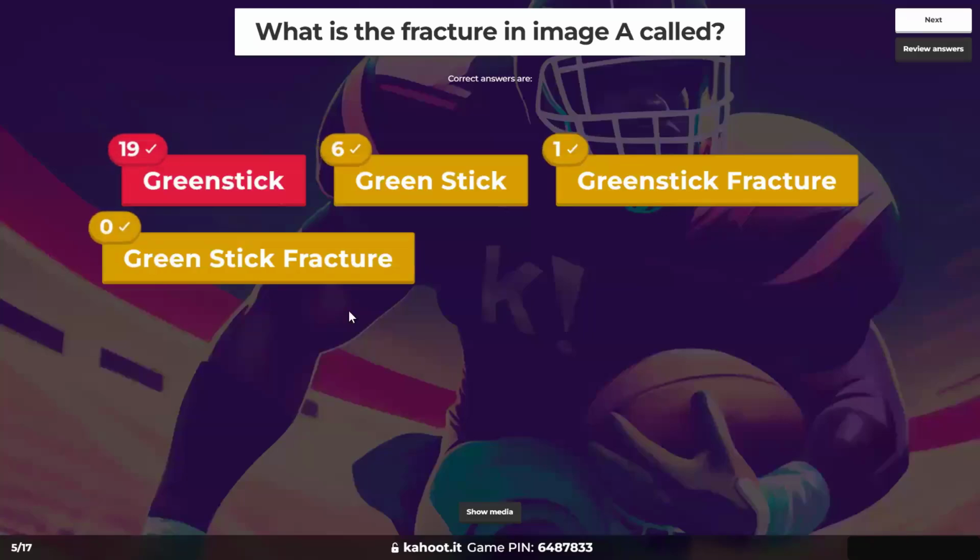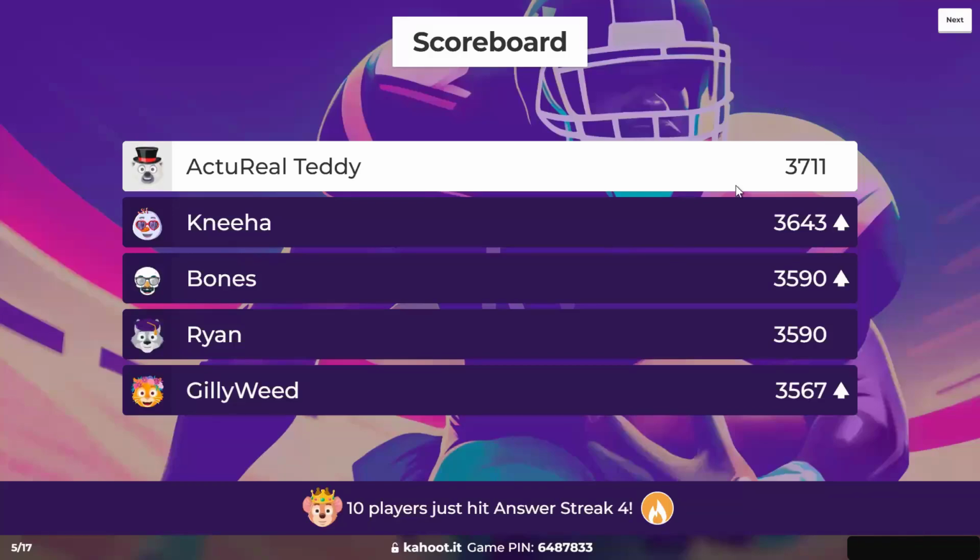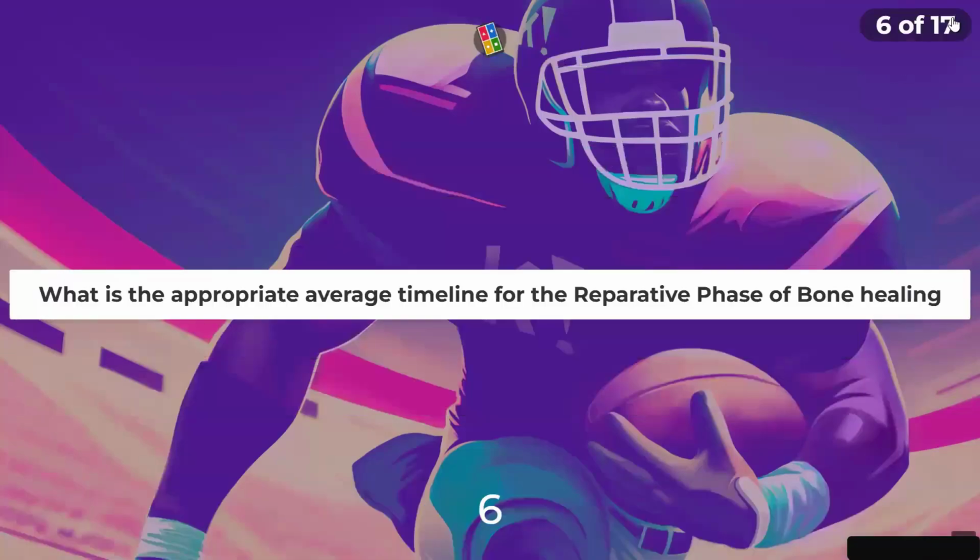These ones were accepted. Oh, that didn't. Oh, 0 shows that. These are the correct ones that I put in as correct answers. Green stick is the answer. Not much change. Seems like it's not updating. It's like frozen here.